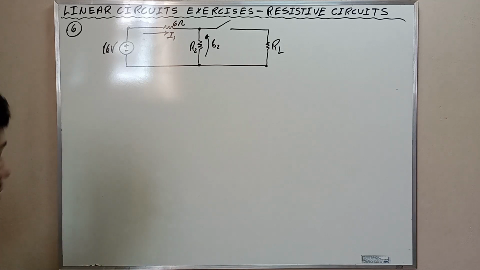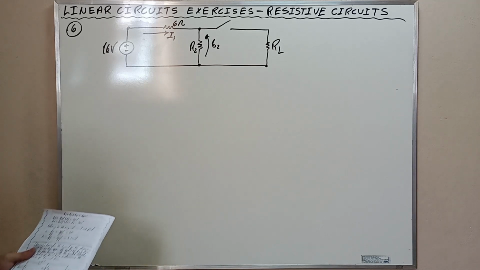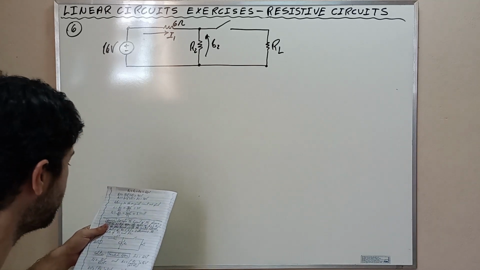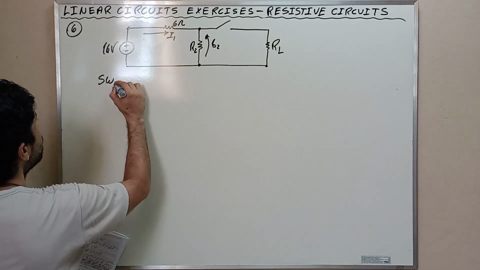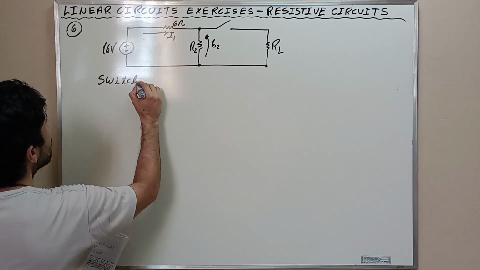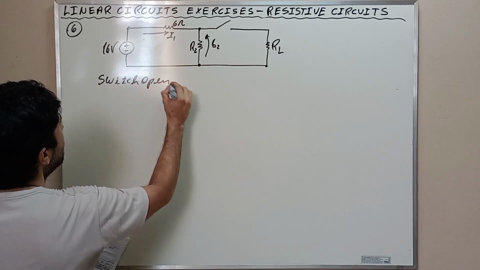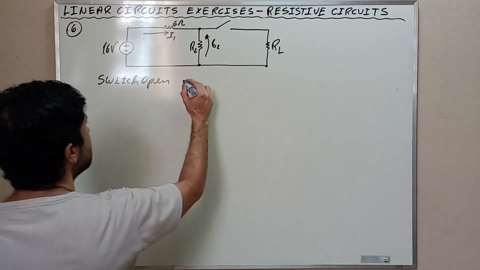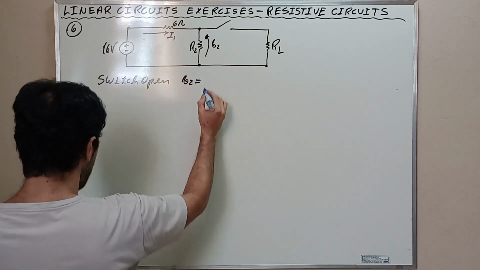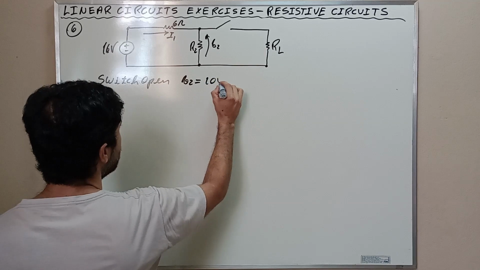Let's go to the solution and let's begin with the situation in which the switch is open. Switch open, and when the switch is open, the exercise says that the value of V2 is equal to 10 volts.